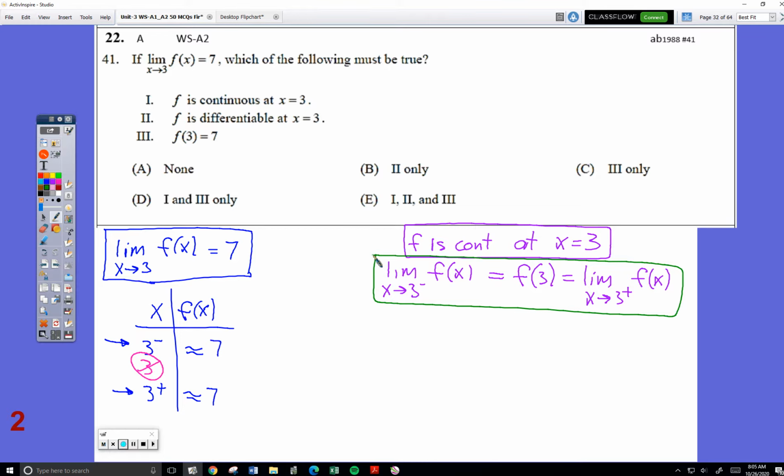As long as we're making flashcards, I would make this flashcard as well. I would write, f is differentiable at x equal 3. On the back of the card, I would write f is continuous. That's the first requirement.